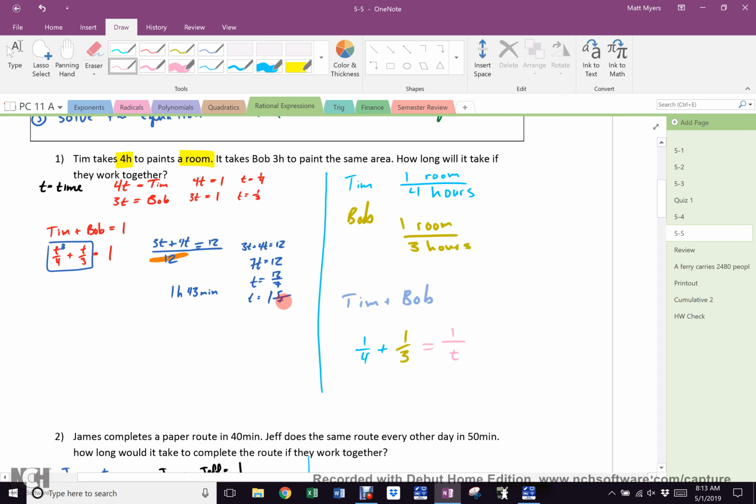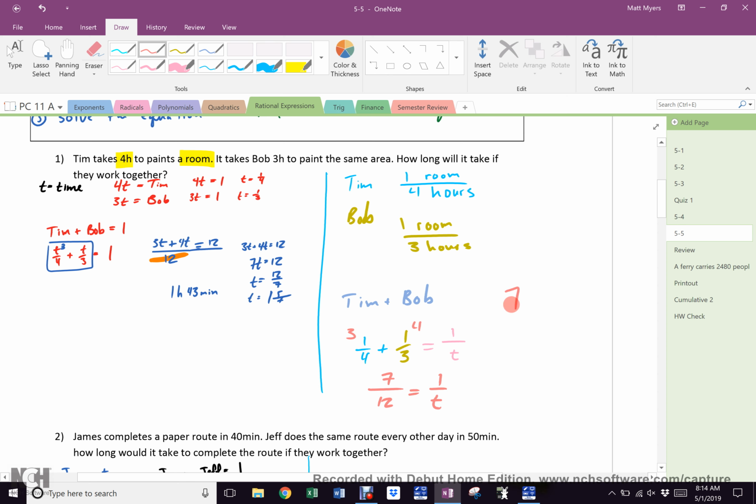Now you'll notice it's almost the same work. 1/3 and 1/4, you can do that. That's over 12, and that is going to be 3, and that is going to be 4. So I'm going to have 7 over 12 equals 1 over t. Now I have fraction equals fraction. So what do we do?